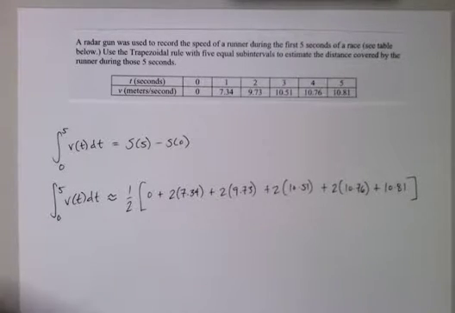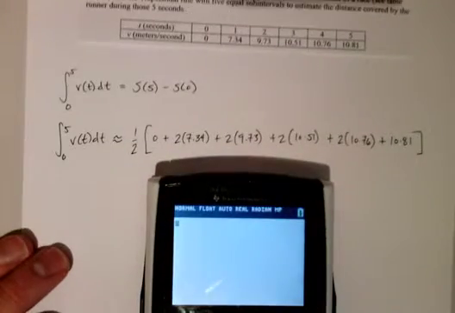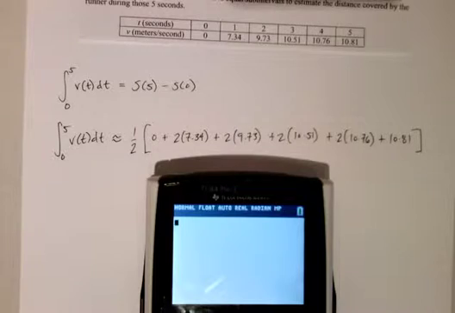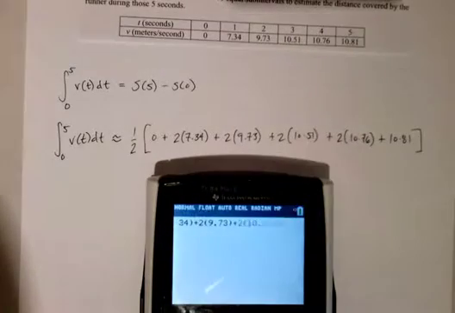Okay, well, let's go ahead and do a little bit of work in the calculator. How about 2 times 0.34, sorry, 7.34, plus 2 times 9.73, plus 2 times 10.51, got it that time, 10.76, and that's plus 10.81.